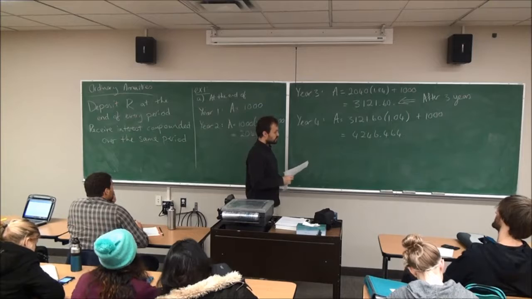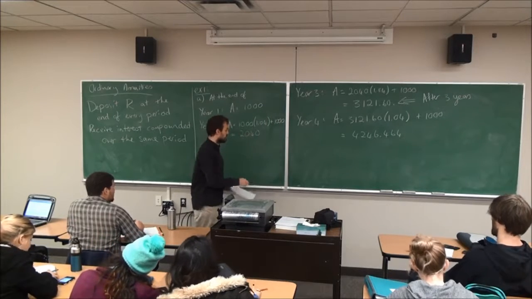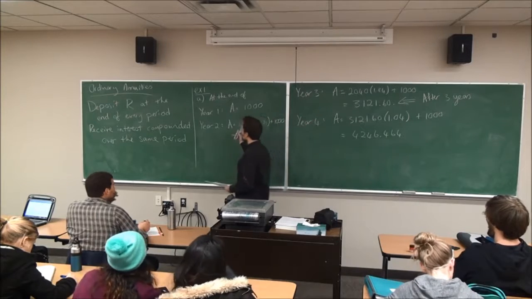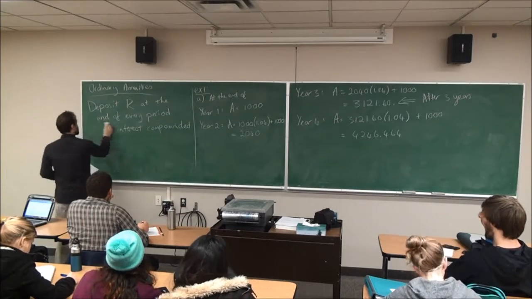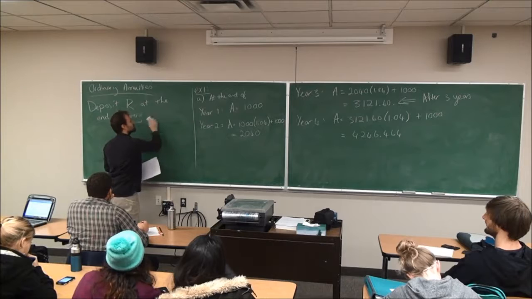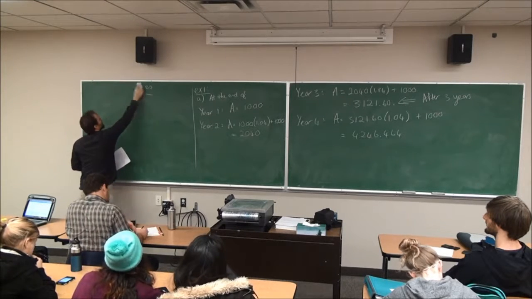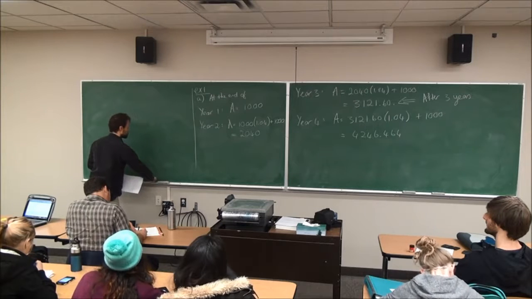Let's do B first. Attempt to observe a pattern in the above calculation. So I'm going to do this again, but not calculate the actual amount. Leave it in this expanded form and try to notice a pattern in the calculation.